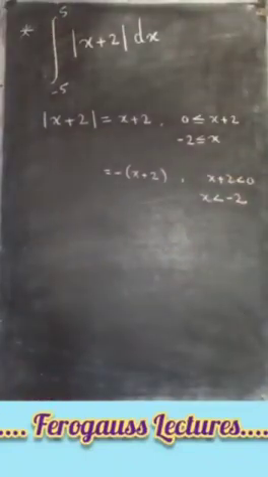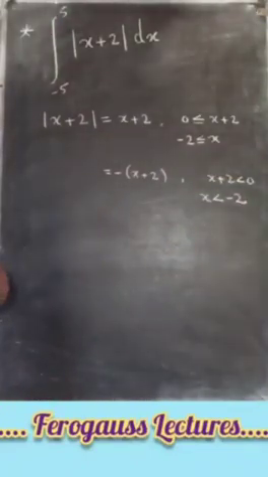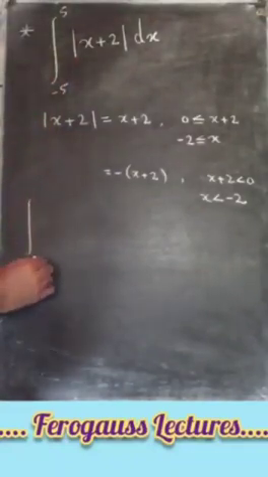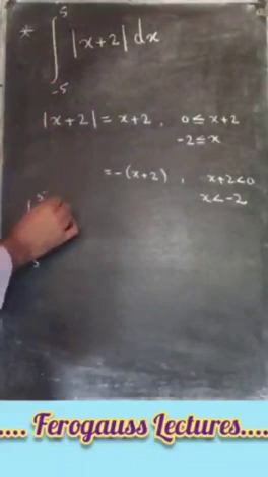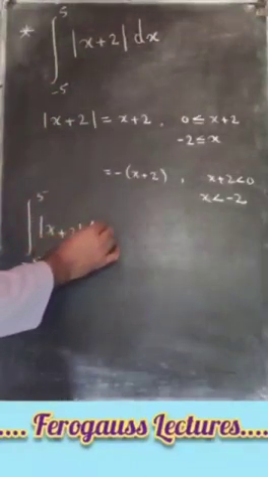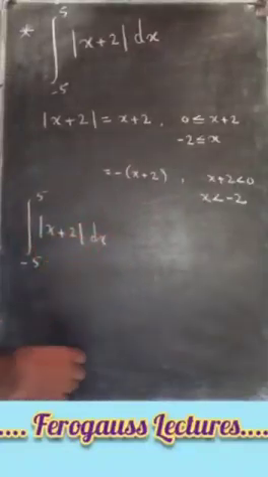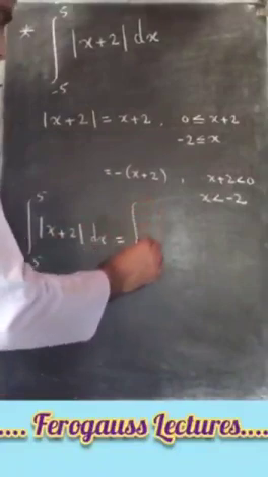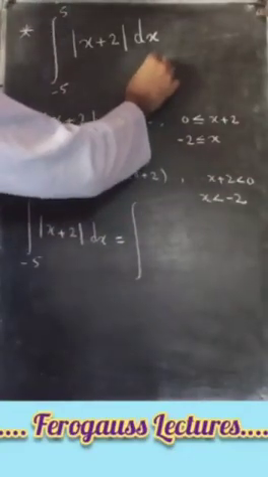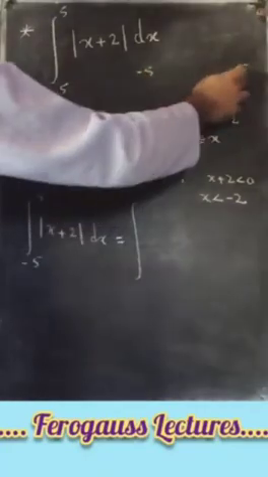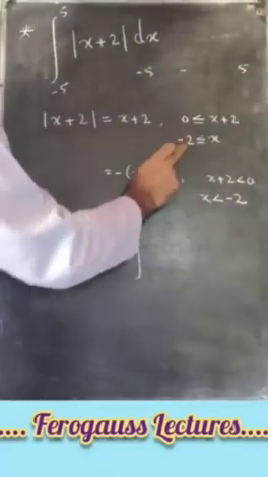Okay? Now we can write this integral as it is, from minus 5 to plus 5 mod of x plus 2 dx. Now we can break it, here is minus 5 and here is 5, and in between these 2 points there is a point, that is minus 2.